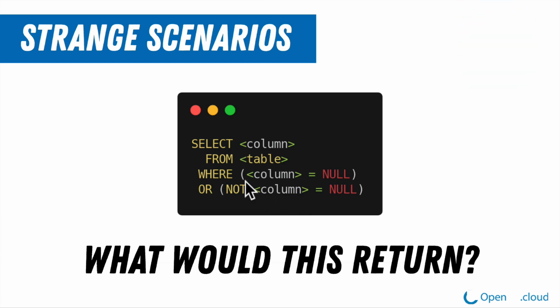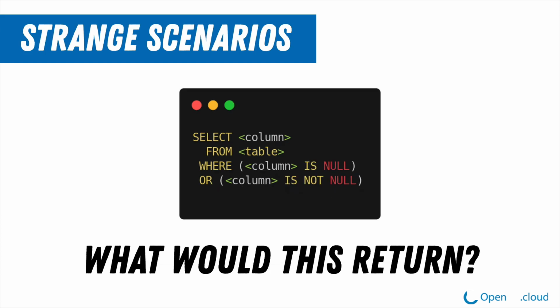Well, the parentheses are here to throw you off because we learned that parentheses give us the ability to have something execute first. We know that column equal to null is null, or is either this or this. Now, not column equals null. Well, column equals null is null, so not null is still going to return null. So consequently, all rows will be rejected. Nothing is going to be returned.